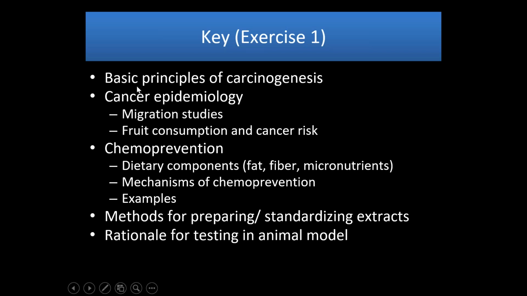You can start by mentioning the basic principles of carcinogenesis, and then cancer epidemiology can be another subheading. Then chemoprevention: what are the things available, including fiber and micronutrients, and in which way it works. Then you can come to the extracts of fruits and methods to prepare them, and so on. Just frame it in your mind and you can start writing it.